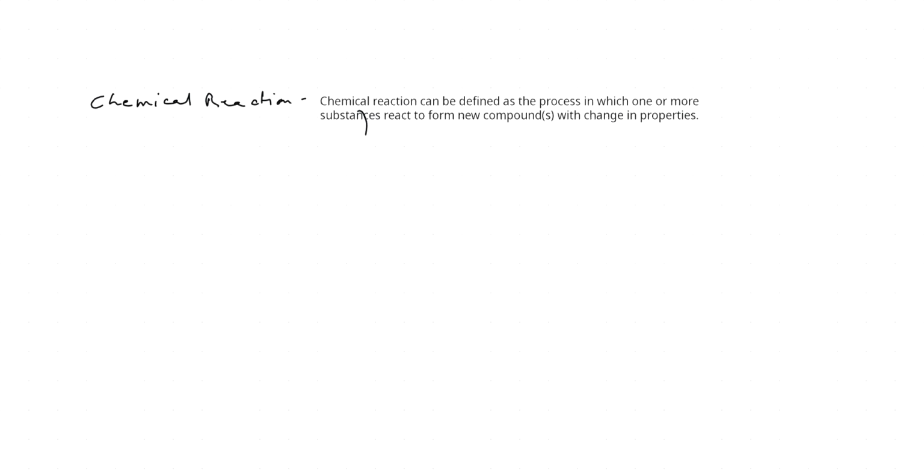Now, whenever we write a chemical reaction, what we are looking forward to is an equation. I should know what is changing. Say I give you carbon and oxygen, and this is going to form carbon dioxide.